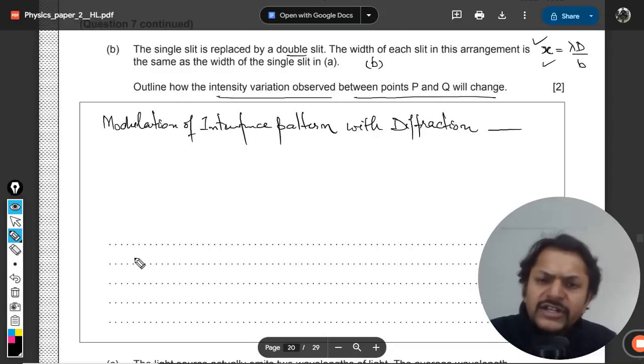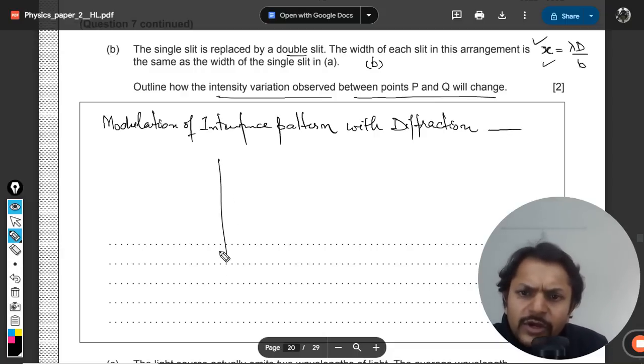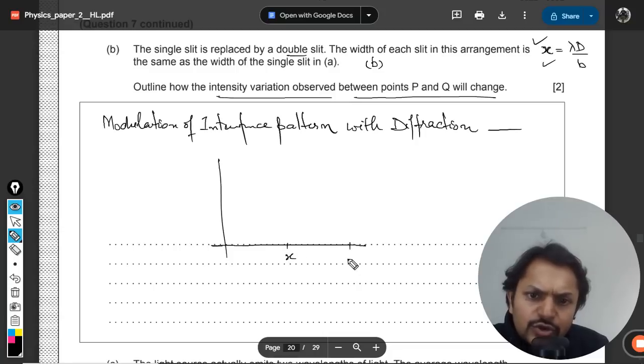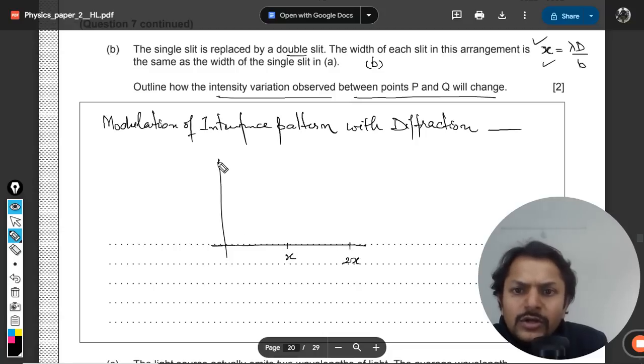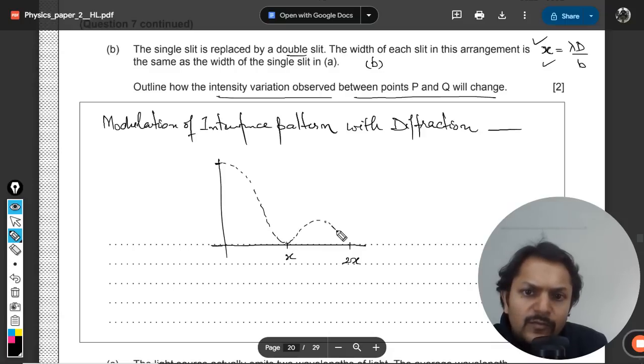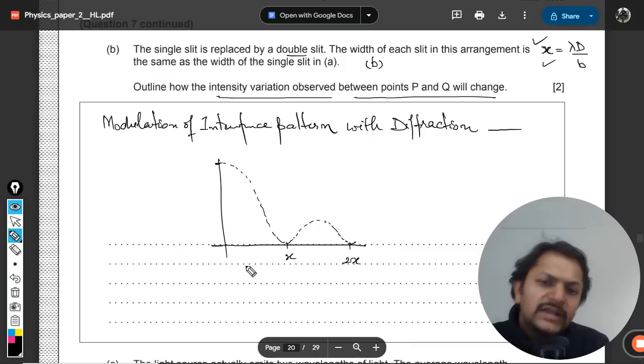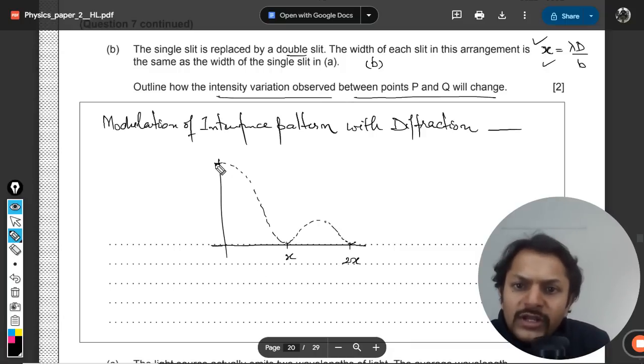So what is actually happening? If I draw the graph here, let us say this is x and this is 2x. The diffraction was somewhat looking like this. And we are concerned only up to 2x.